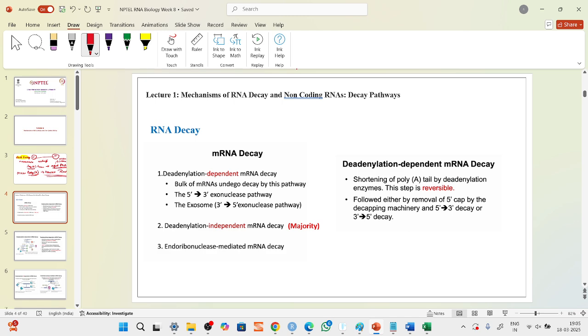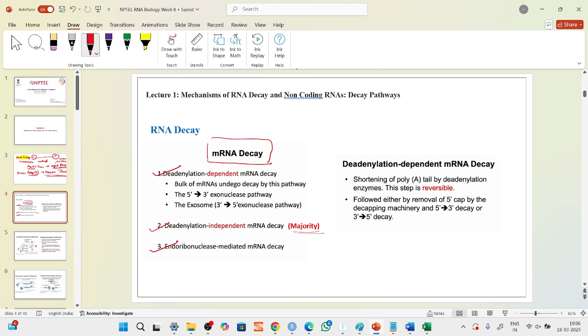When we talk about the decay of specifically mRNA, there are three major pathways. Those are deadenylation dependent mRNA decay, deadenylation independent mRNA decay, and endoribonuclease mediated mRNA decay. Deadenylation dependent is the majority one.